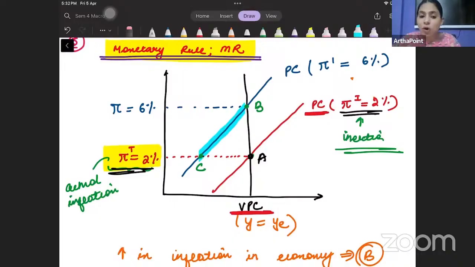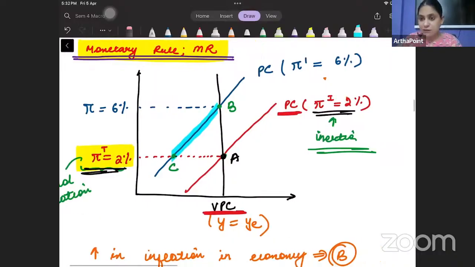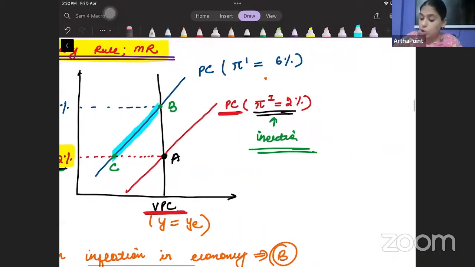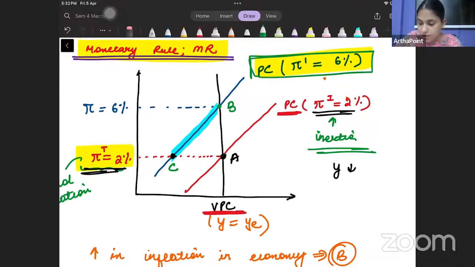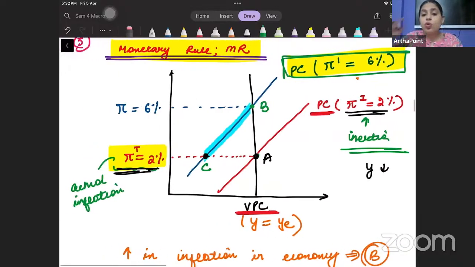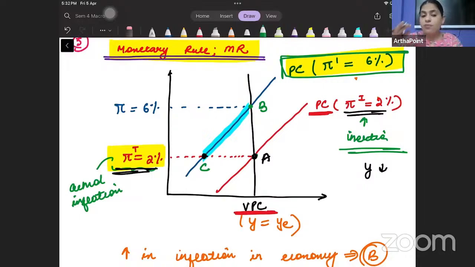And to come from point B to point C, you will have to lower the level of output. Because you are on this Phillips curve now, तो आपका सारा action across this Phillips curve होगा, right? मुझे वापस target inflation पे आना है, so I need to come from B to C.